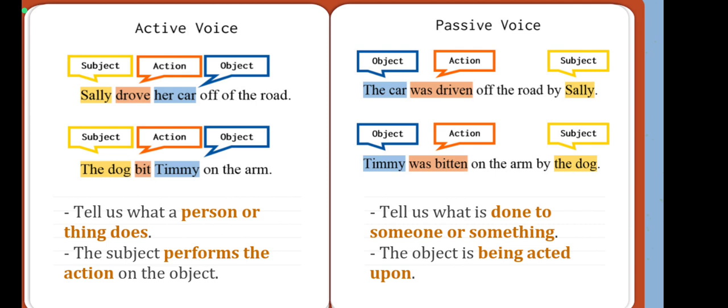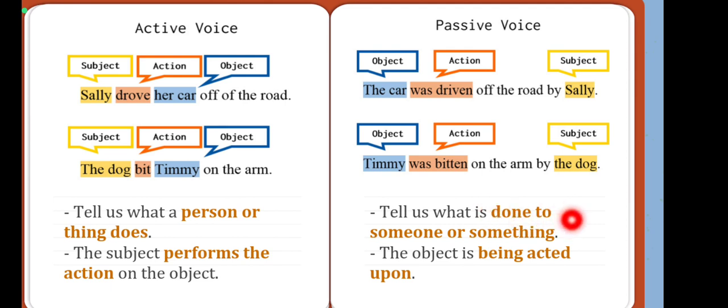That's great. So here, with passive voice, we need to switch the places of the object and the subject. Okay, so the object goes to the first position. Here we had her car. Now here we have the car, because it tells us what is done to.